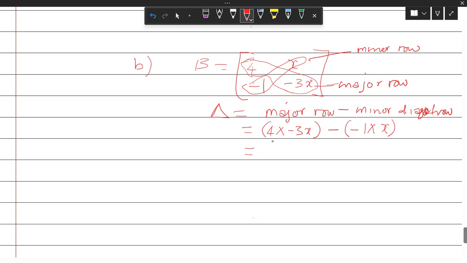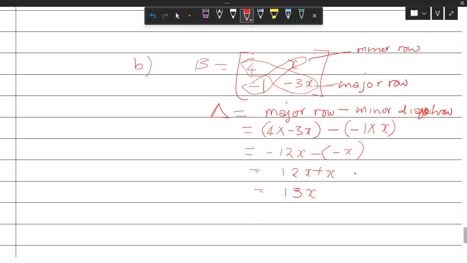So this equals 4 multiplied by negative 3, which is negative 12x, minus negative 1 multiplied by x, which is negative x. So this equals negative 12x, plus, since a negative multiplied by a negative is a positive, x. Then this will be negative 12x plus x, which is negative 13x. Since the coefficient of x is 1, this is the same as 12 plus 1.